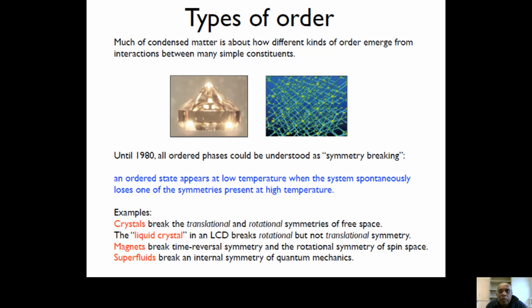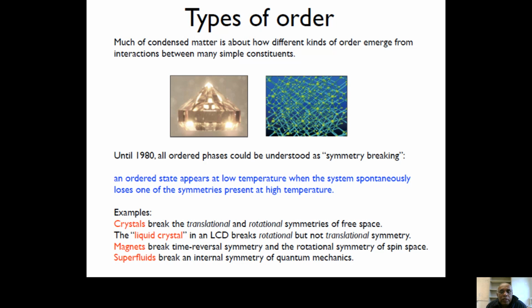If you take a liquid crystal, its symmetry is broken in terms of rotational symmetry, not the translational symmetry. That's why liquid crystals are special compared to crystals. In crystals, we are talking about the breaking of translational and rotational symmetries present in free space. But in liquid crystals, we are talking about the breaking of rotational symmetry, not the translational symmetry.